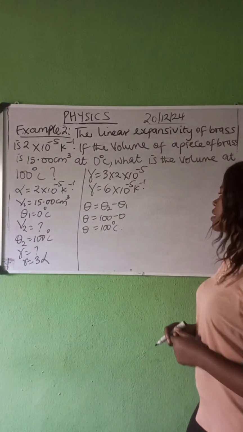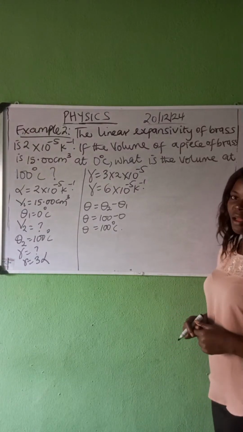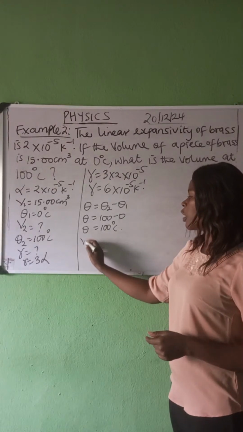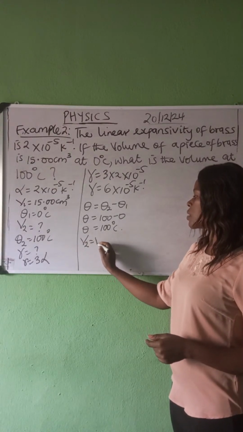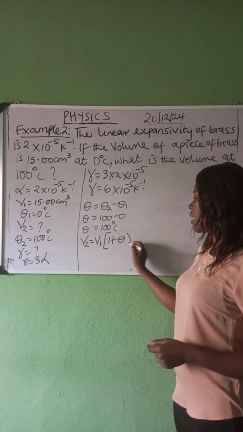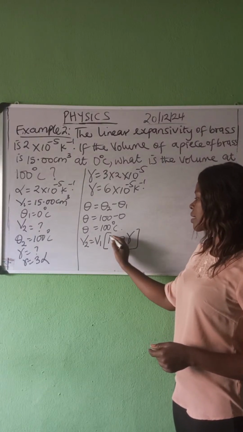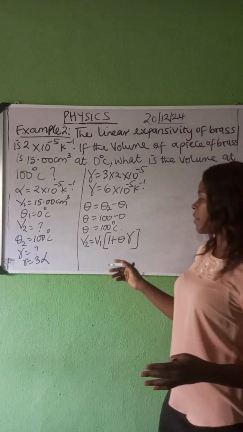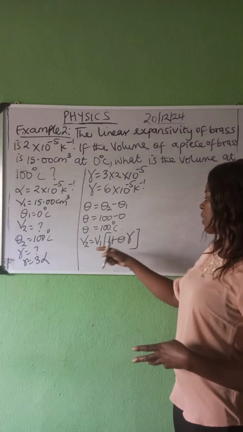All right? Now the next step is to state our formula, and because we're looking for the new volume, our formula becomes V2 is equal to V1 bracket 1 plus theta gamma. Is that clear? So you just want to substitute into what we have, and we see our answer smiling.